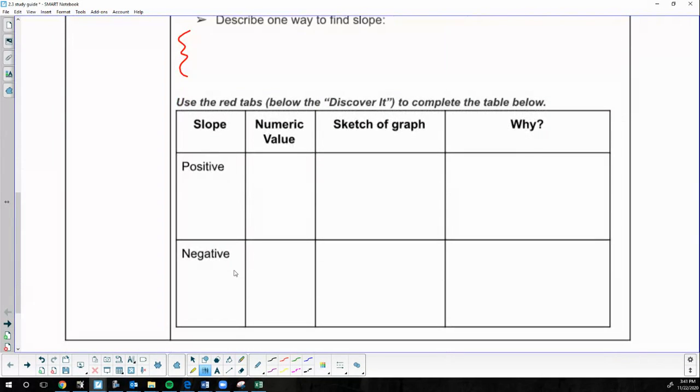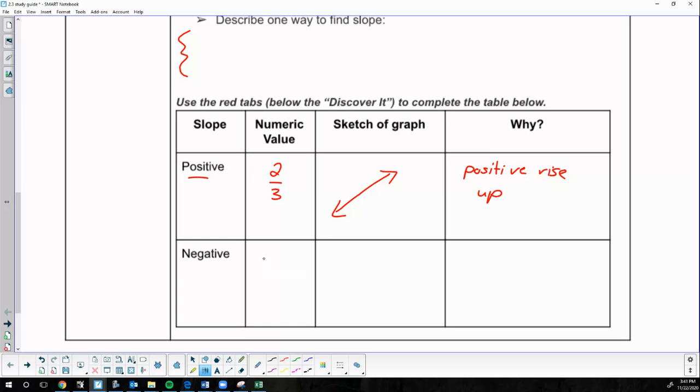Okay, so the red tabs, we're talking about the types of slope. So a positive slope would look like this. This is the example on the website. And the sketch, it would go like this. The why is it happening? Positive run or positive rise, you could say. It's traveling up, stuff like that.